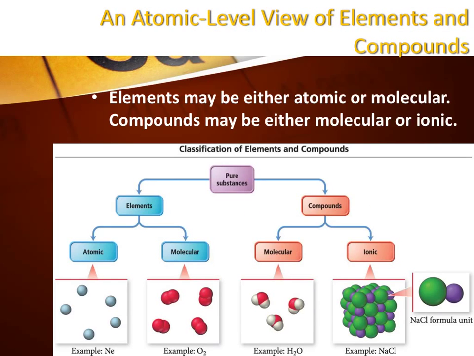All right, so just kind of a flow chart for those visual learners to help us look at some of the differences we've talked about here. I don't know if you remember from Chapter 1, but in Chapter 1 we divided matter. We had matter up at the top here. And we said matter could exist as either a pure substance or a mixture.